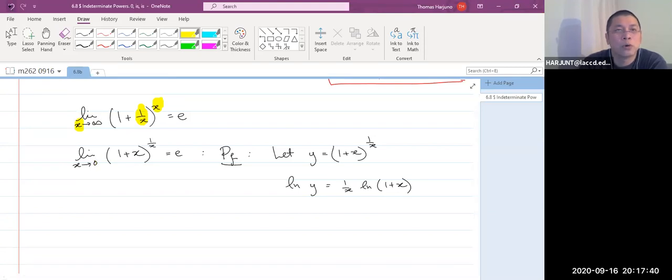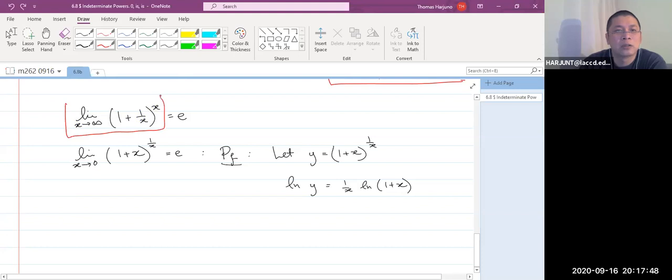Okay, so what we have up here and what we have down here are actually the same statement. This statement here and this statement here are very, very close to each other. If I replace 1 over x with u, so this becomes u, right?